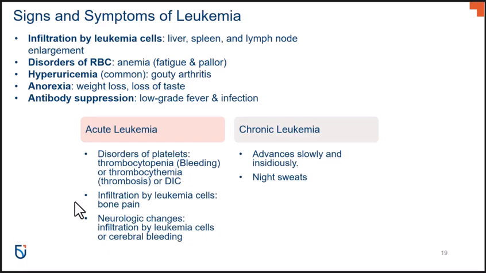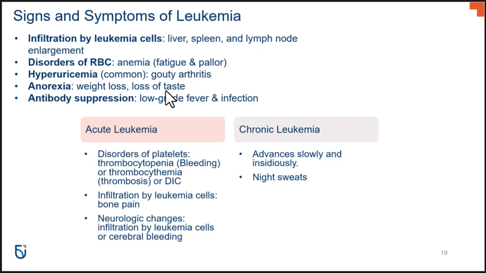The rapid breakdown of these leukemic cells can lead to a buildup of uric acid in the blood called hyperuricemia, and this can lead to gouty arthritis, where the uric acid accumulates within joints and causes pain. So this is a fairly common effect. Anorexia is common as well.